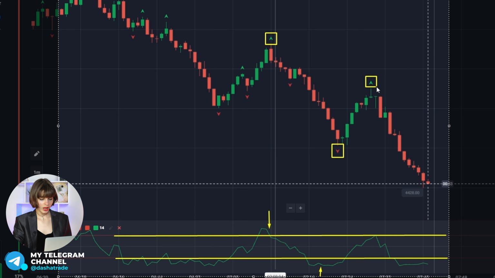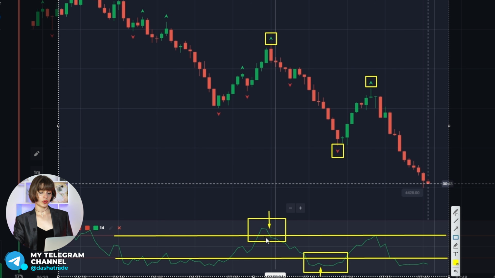In this strategy, what we need to do is wait for the exact moment when the price reaches either the lower border or the higher border of the indicator. When the price is within these borders, we need to wait for the signal to sell or buy. Okay, hope you get it. And when the signal to buy comes, it's marked by a red fractal, and the signal to sell is marked by a green fractal.